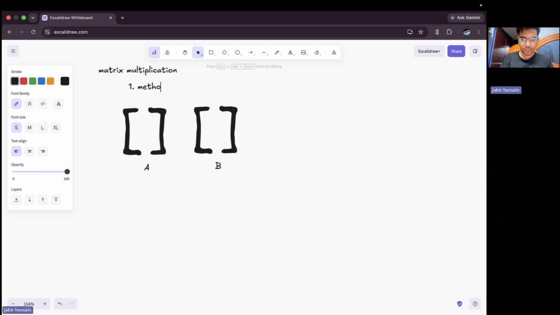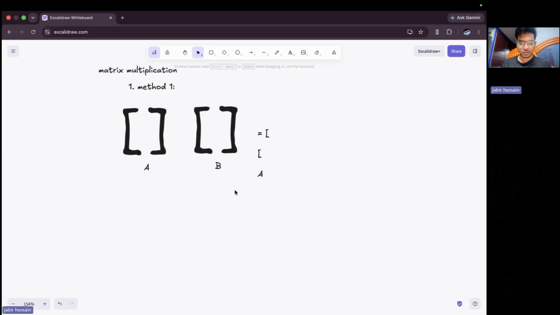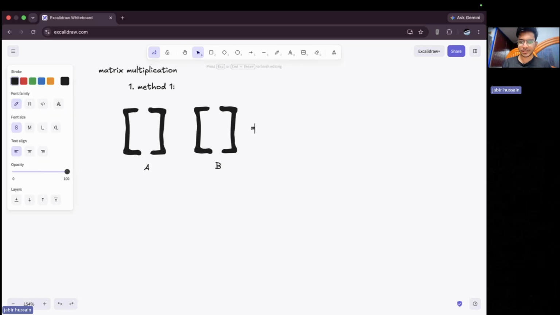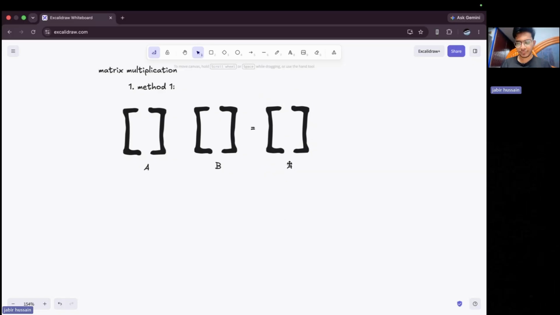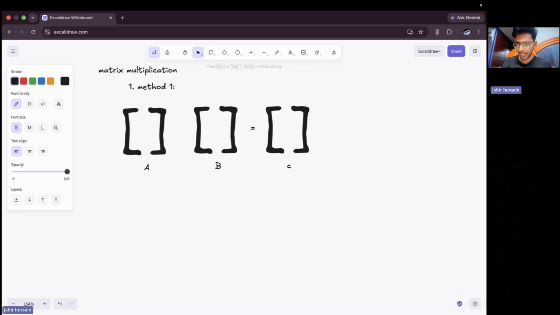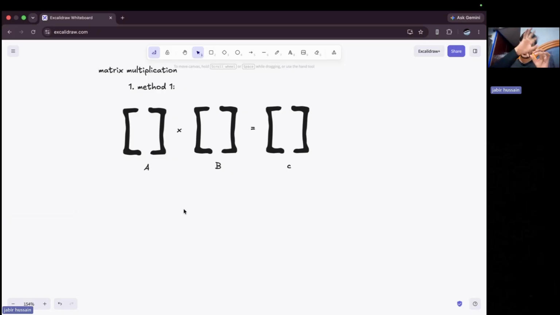In method one we have two given matrices, and I'll tell you the name of the method later. I'm multiplying them and getting another matrix, let's say C. So I have matrix A, I'm multiplying with matrix B, and I'm getting another matrix which is C. There might be n number of elements.